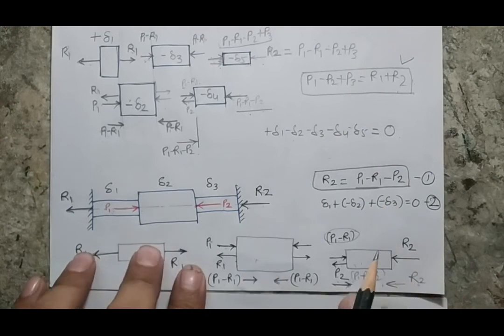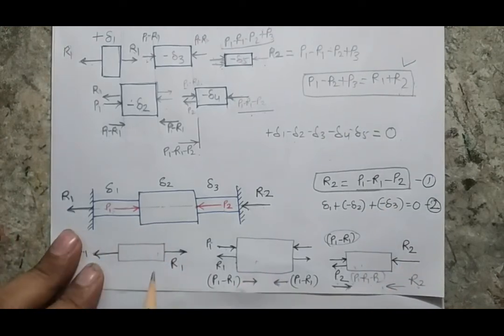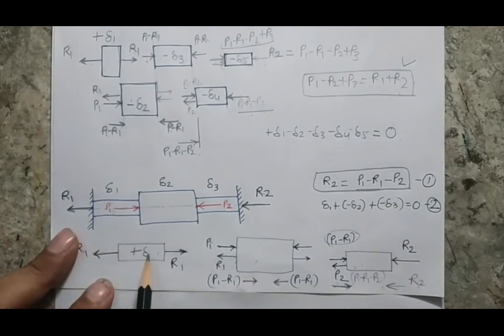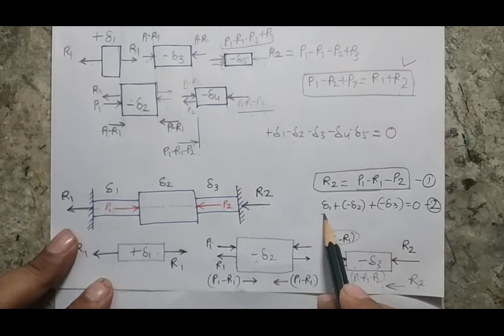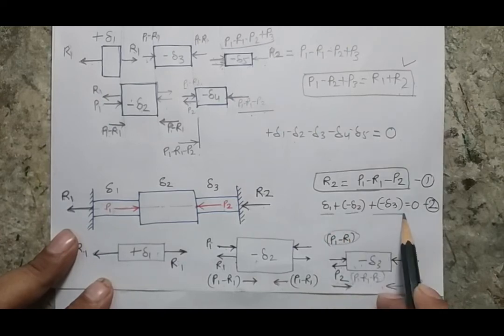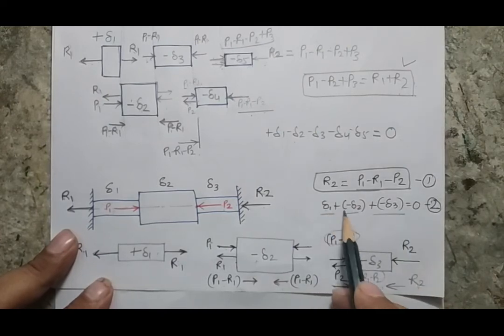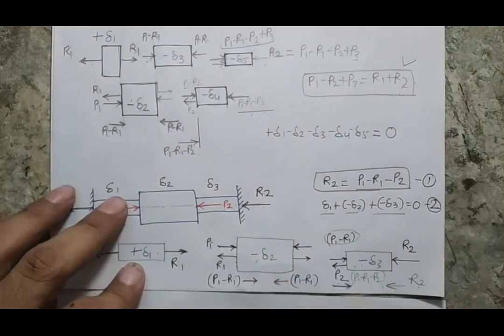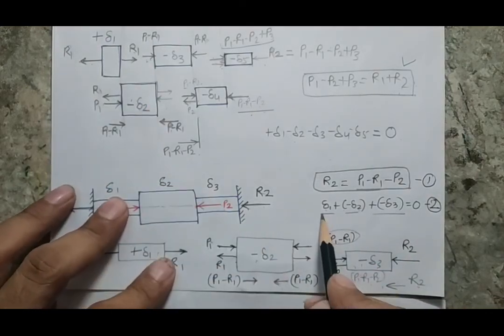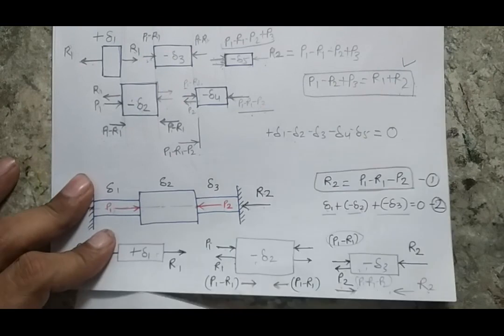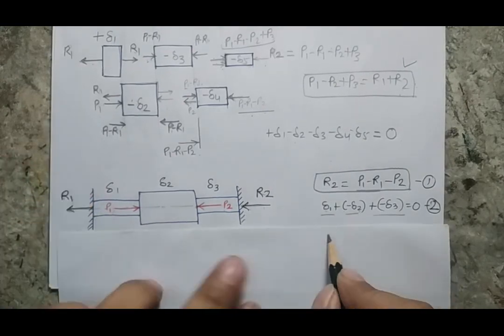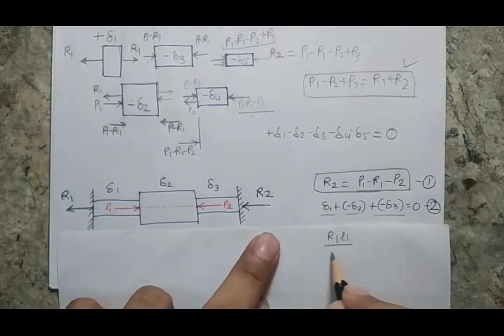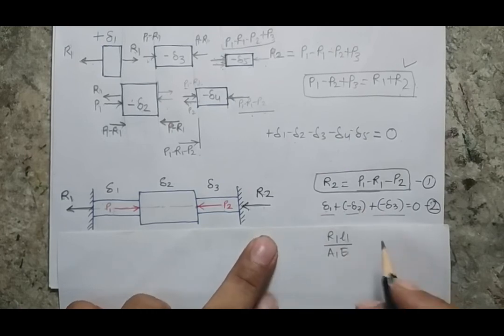When I look at the deformation equation, as per my convention, there will be a positive change in length for del 1, negative for del 2, and negative for del 3. So my final deformation equation will be del 1 minus del 2 minus del 3. When I put in the deformation values, as I have already explained for the previous cases, del 1 will be R1 times the length of the first body, over A1 E, if the material is the same.